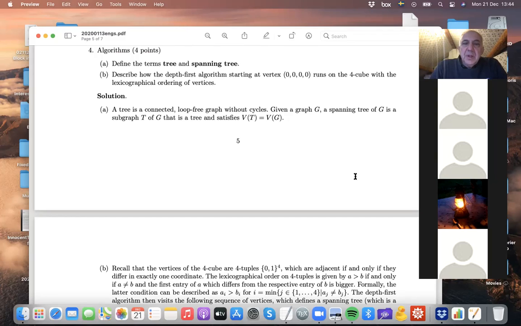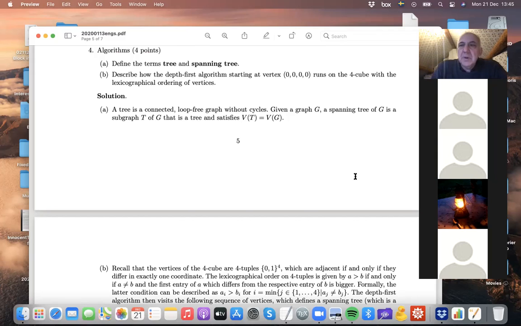So what is a tree? Let us talk about, say, undirected trees. An undirected tree is a connected graph with no cycles. That's the basic definition. And a directed tree is a graph whose underlying non-directed graph is a tree.